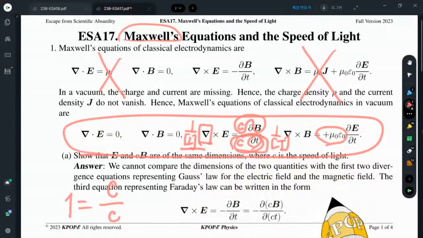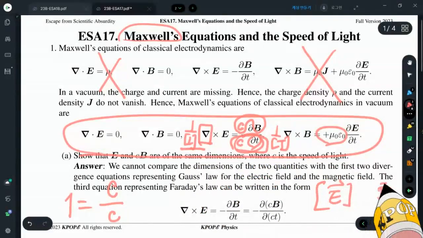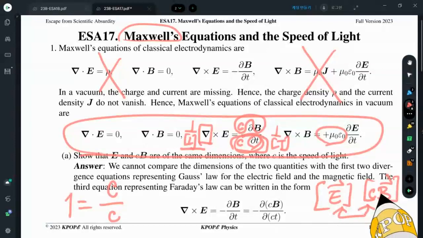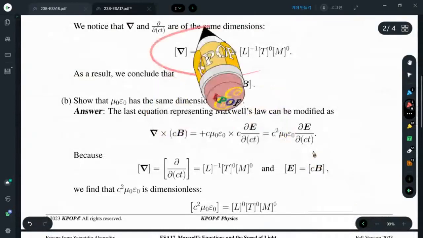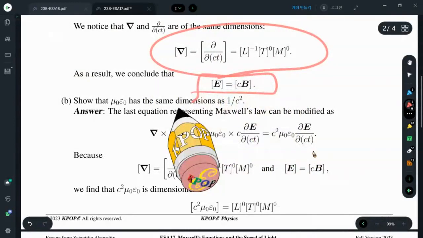So we find that the electric field and the magnetic field multiplied by the speed of light are comparable and are of the same physical dimensions. This is true because of this relation, and we end up with this.